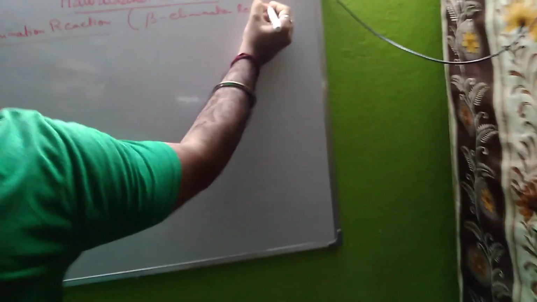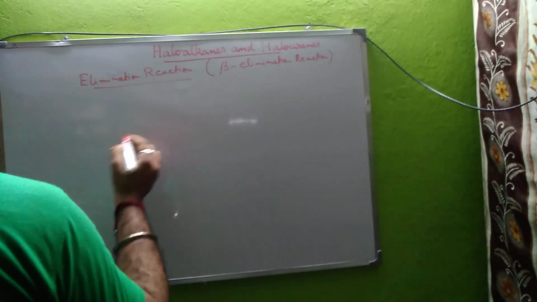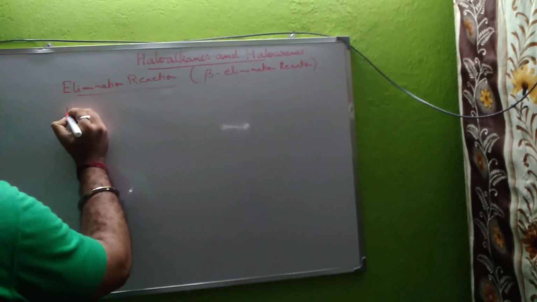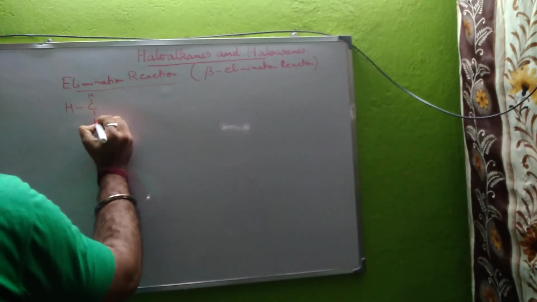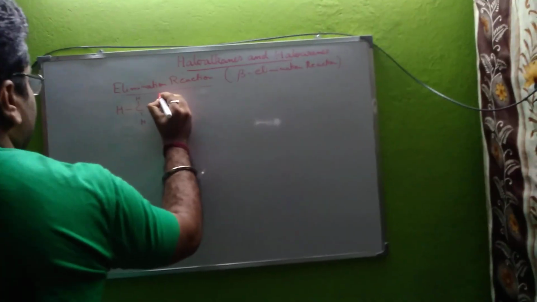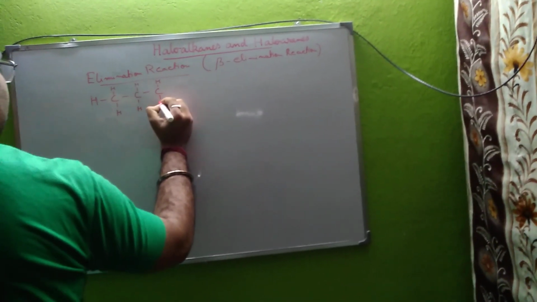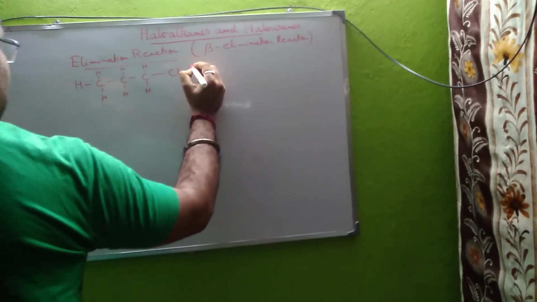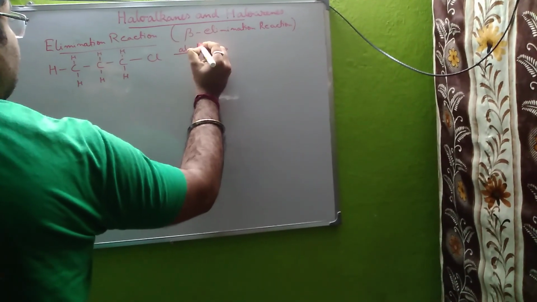Now what is an elimination reaction? Over here, suppose I am giving you one example. Suppose this is an alkyl halide. Now I am reacting this with an ionic compound, that is alcoholic KOH.